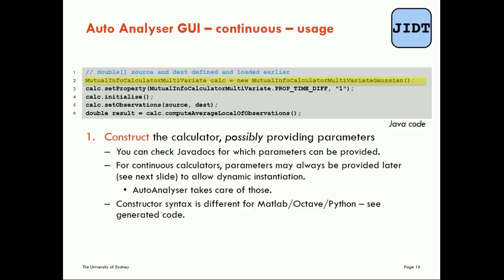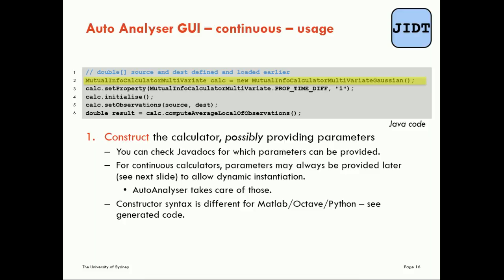Most of the time though, and in particular the way the GUI tool will work, the parameters can always be provided later to allow a dynamic instantiation, and we'll provide those parameters with our set properties calls that we'll talk about on the next slide. In any case, where there are parameters, the AutoAnalyzer will take care of those for you. Just put them in to the properties table, and it will show you how to do that in the code.